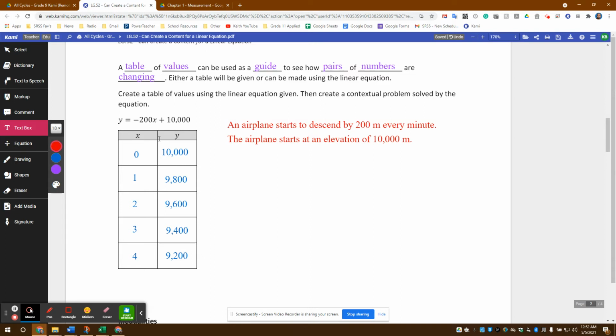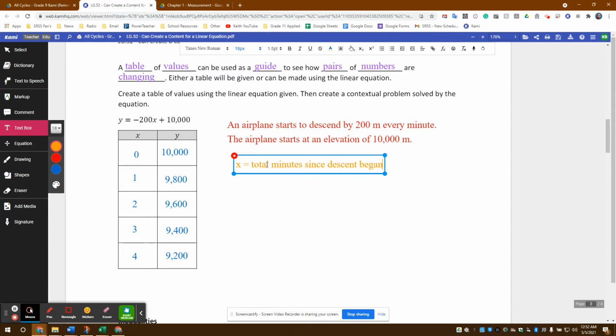Now we have to define what is the x and the y. Well, we already have the x in there as minutes. So x is going to equal the total minutes since descent.